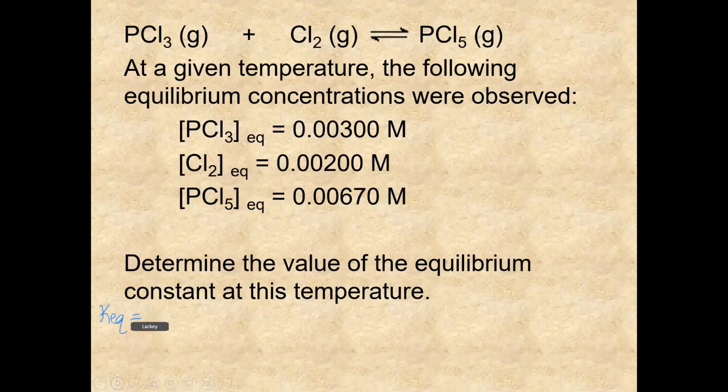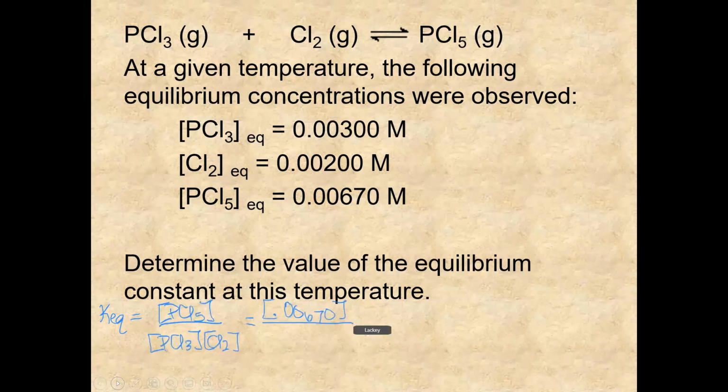So we have our product on top, which is the PCl5, divided by our reactants on the bottom, the PCl3 times the Cl2. So if we plug in the values that it gives us, PCl5 is 0.00670 molar.